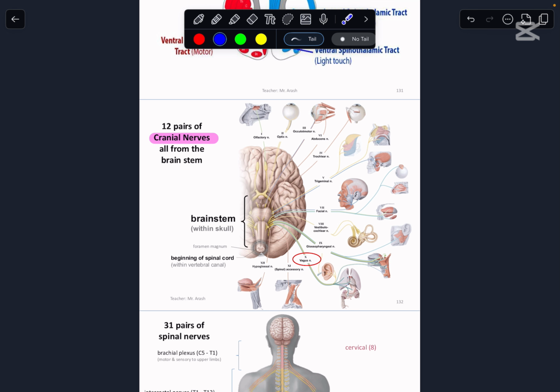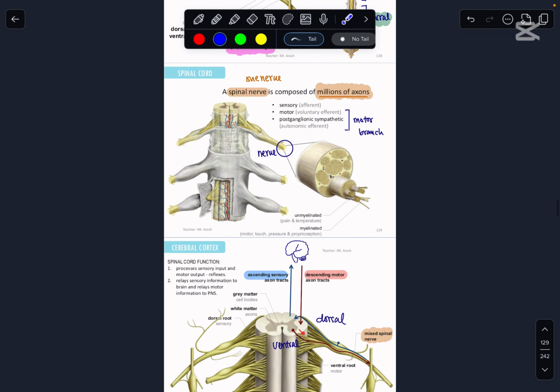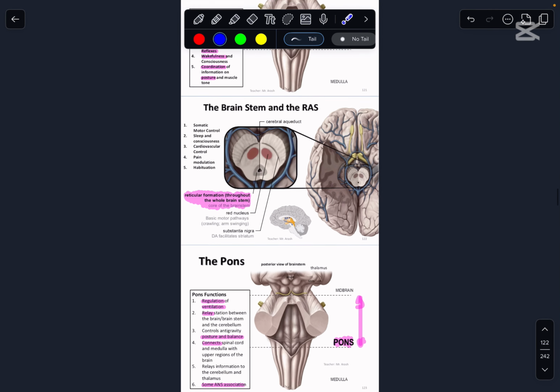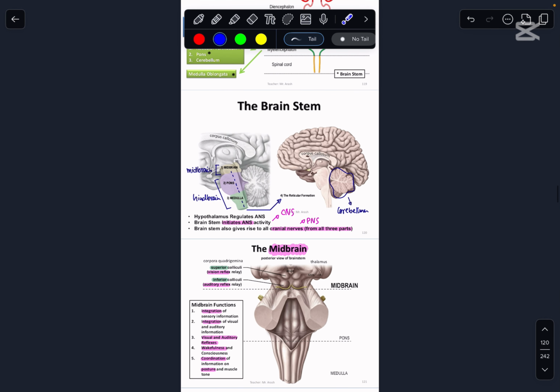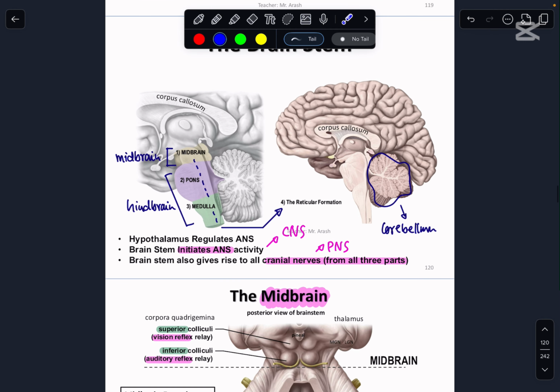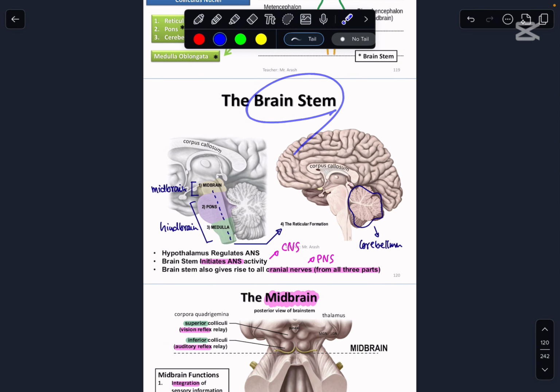Those are the nerves that are coming from the cranium. Essentially, that's your brain stem, by the way, which is within the skull, hence the name cranium. If you look at the brain stem, as we said before, it has the pons, medulla, the midbrain. This slide says the brainstem also gives rise to all cranial nerves.